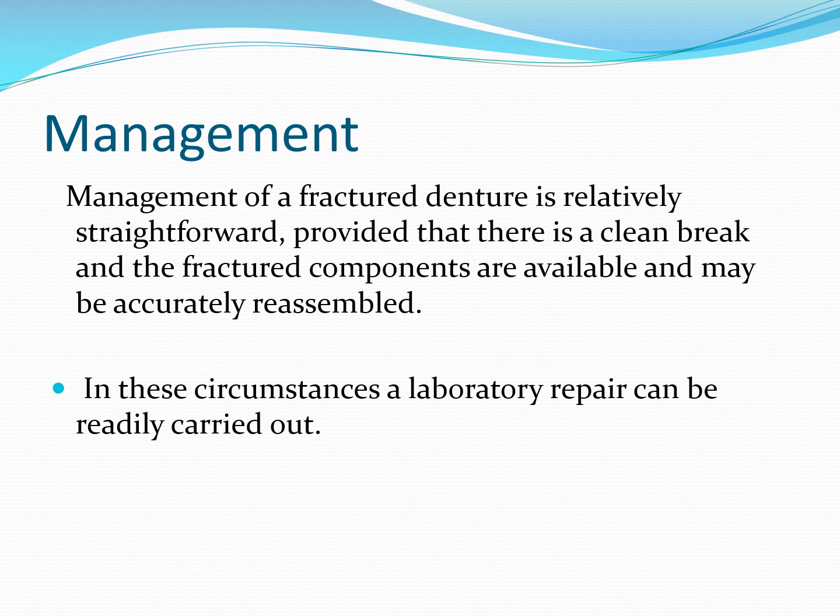If it is not coinciding, or if the parts are more than two or three and you are unable to assemble them, then you should go for a new denture. In these circumstances, a laboratory repair can be readily carried out, as I told you in the repair procedure.